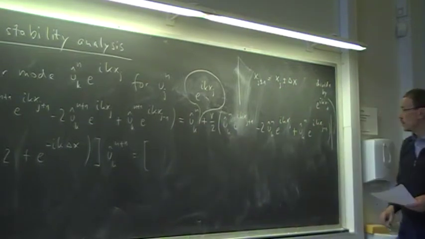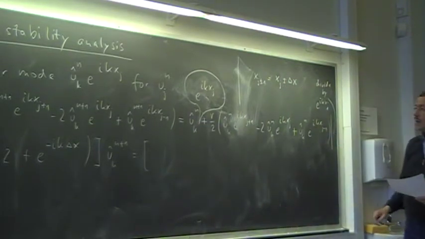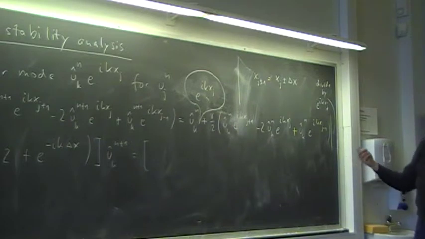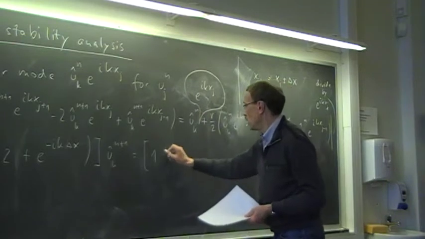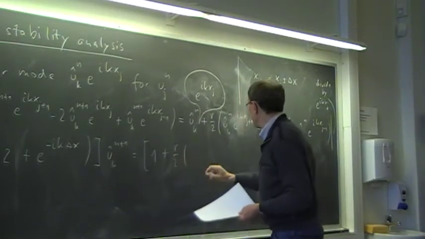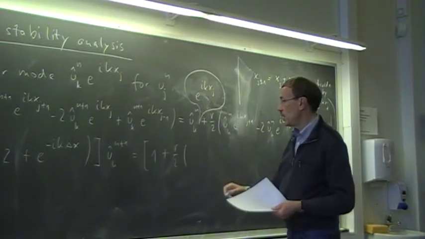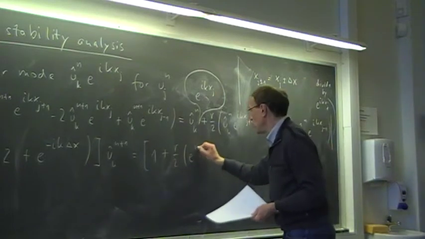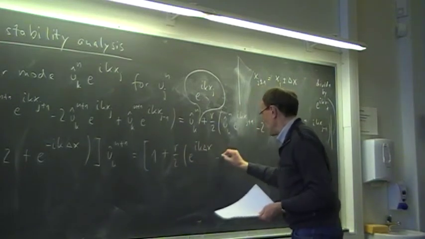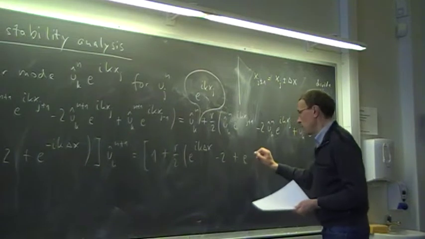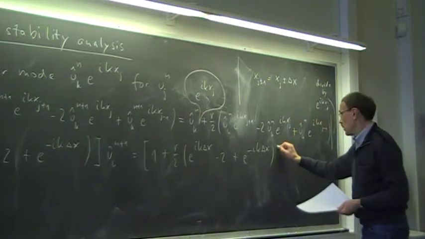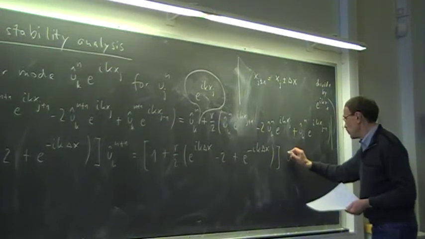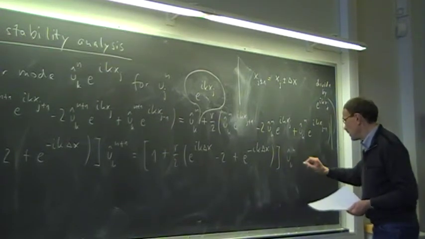I simply forgot it. Here it is okay. And we divide by that, and we factorize this, so we get a 1 plus r/2, and then here we can repeat what we have there, e^(ik delta x) minus 2 plus e^(-ik delta x). And then we had factorized the u_k hat at the old time.